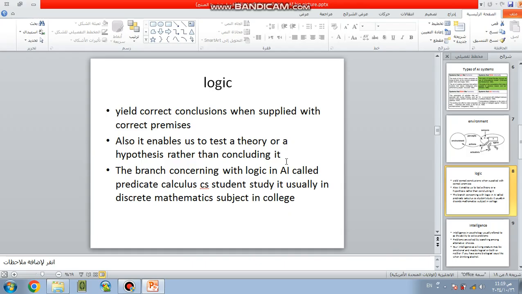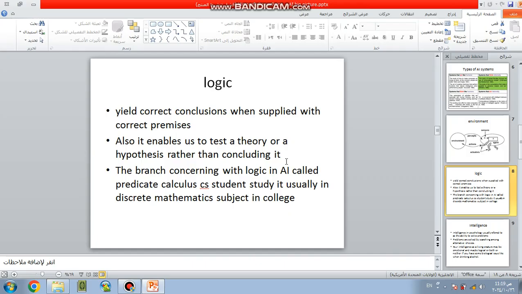Now I want to test: has the rain really fallen? If I can't see, I can test it using my hand. If the ground is wet, then the rain has fallen, right? So that's what I mean by using logic. We can use logic either to make a conclusion, or to test something that has already happened.